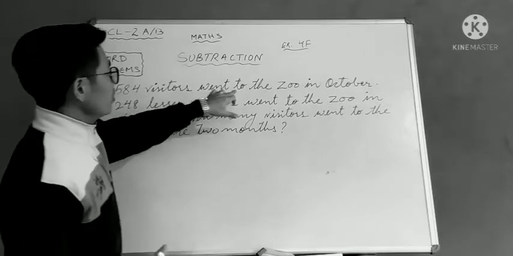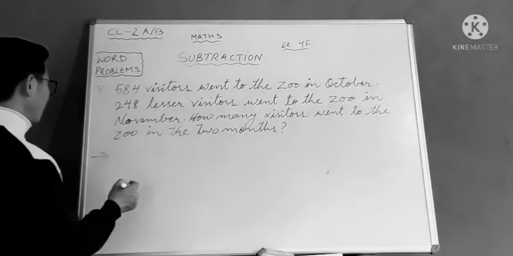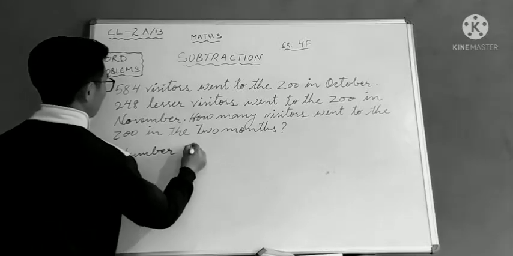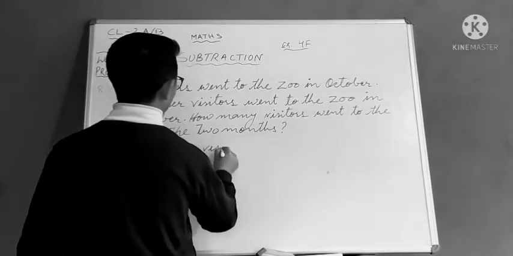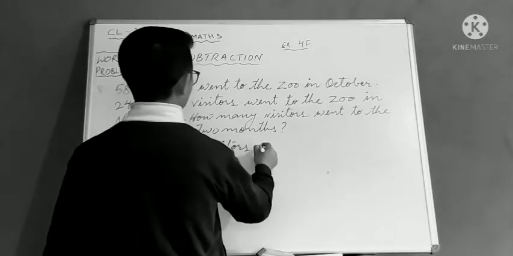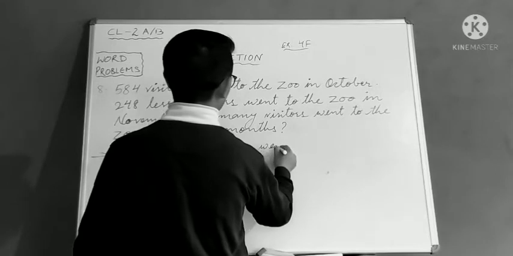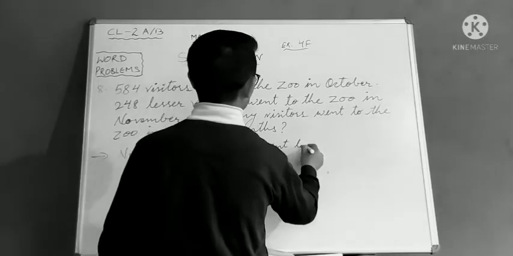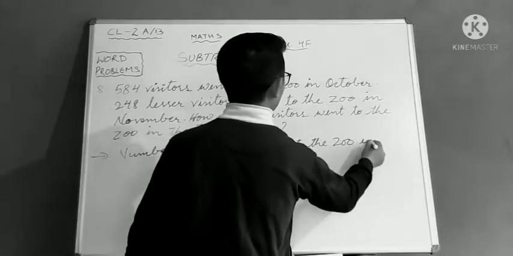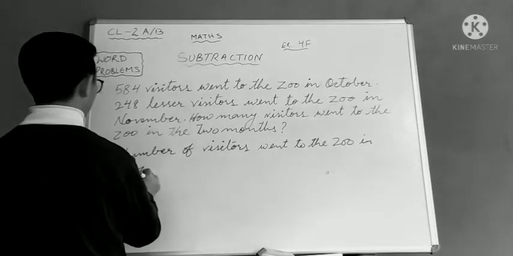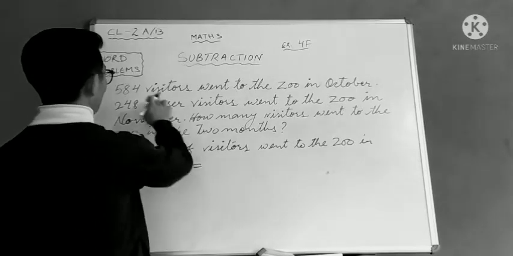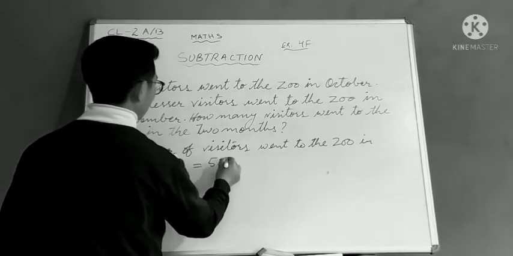584 visitors went to the zoo in October. So how do you write? Number of visitors went to the zoo in October equals to how many? 584.